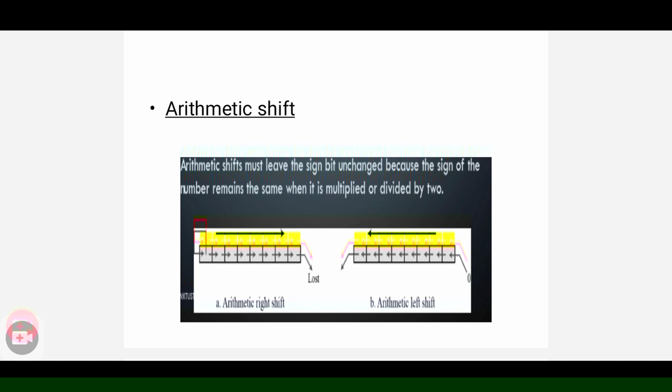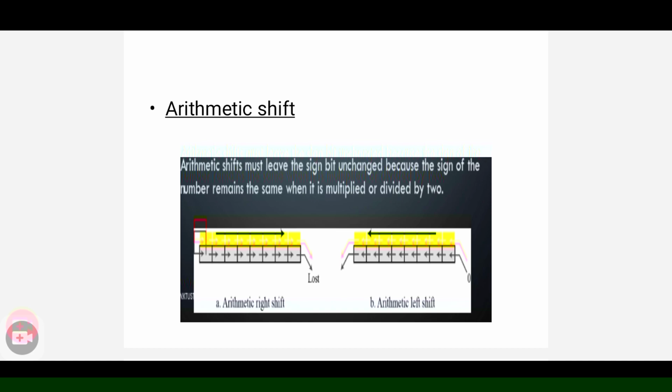which is the shift micro operation used for arithmetic purposes. Arithmetic shifts must leave the sign bit unchanged because the sign of the number remains the same when it's multiplied or divided by 2. If it is an arithmetic right shift, the LSB bit is lost, and we keep the MSB bit the same as that of the original data.